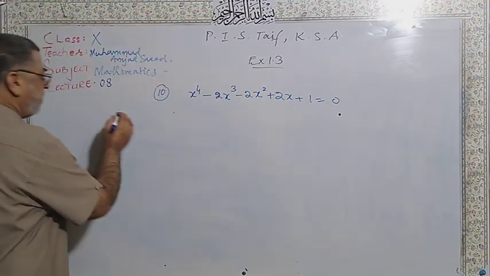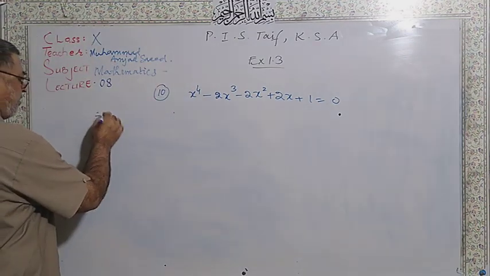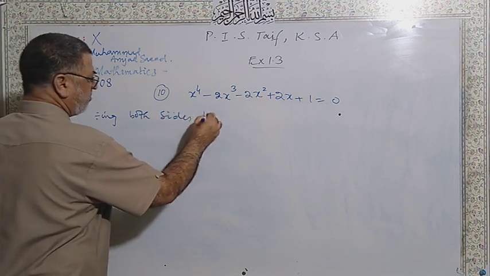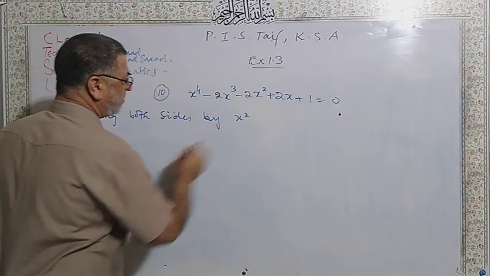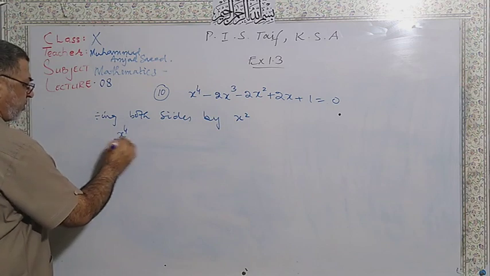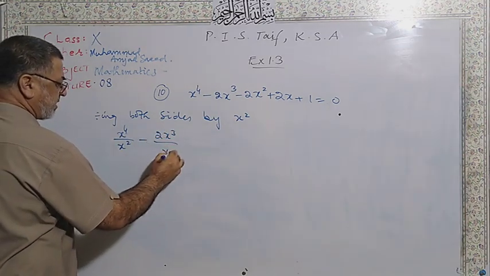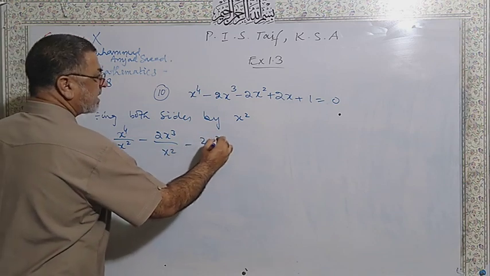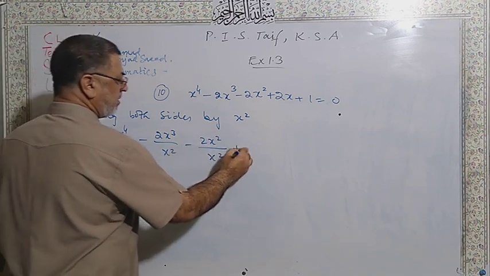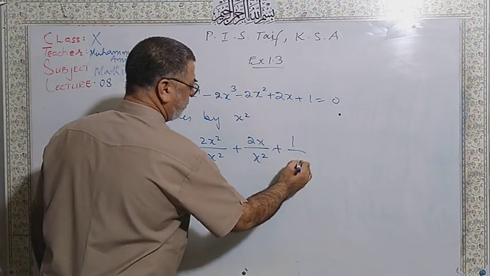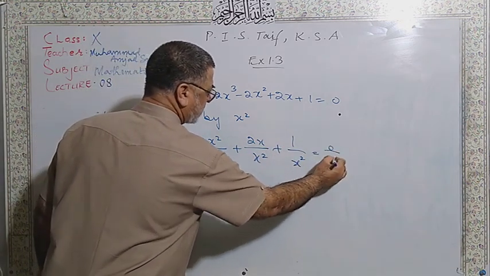So that's why dividing both sides by x square. So x^4 over x square minus 2x cube over x square minus 2x square over x square plus 2x over x square and plus 1 over x square, that is 0 over x square.